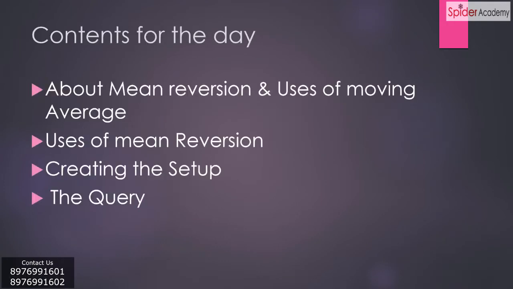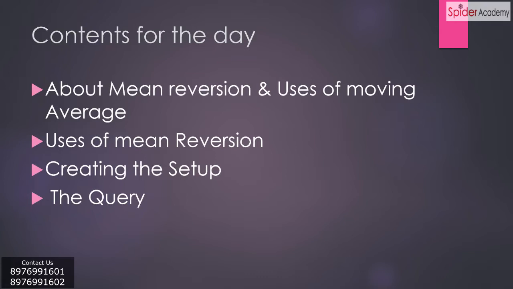So the content for the day is basically we are going to cover what exactly mean reversion is, how mean reversion is actually derived, and what a moving average is and some uses of moving average as well. Then deep diving into how exactly we can use mean reversion, for what various purposes mean reversion is actually used.